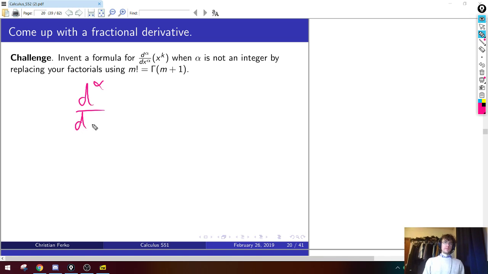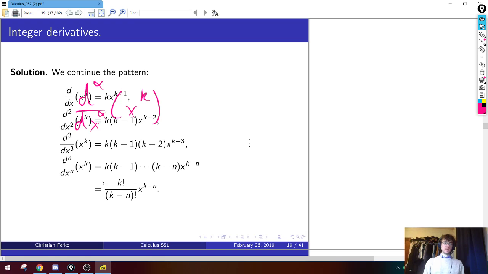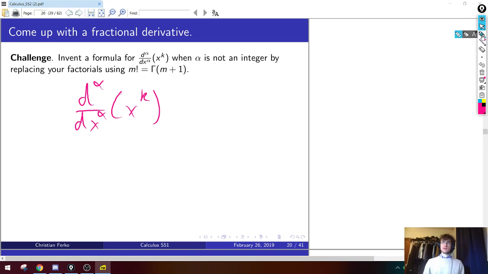So I'm just going to copy the formula from the previous slide. So naively, what we would want to do is say, all right, this should be the power of x, which is k factorial over k minus the number of derivatives we're taking, which is now alpha. So this is supposed to be, we think, k factorial over k minus alpha factorial, x to the power k minus alpha.